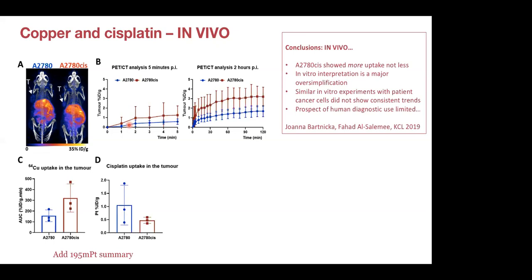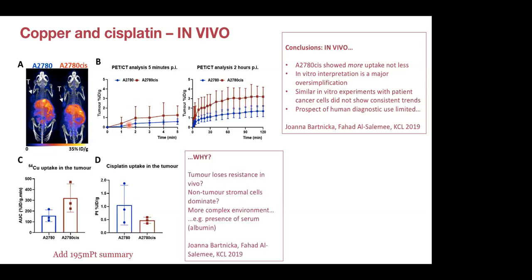Also, we conducted similar in vitro experiments with patient cancer cells from patients who had or had not become resistant. And again, we didn't see any consistent trends in the relationship between platinum and copper uptake in those cells. So it appears that this wasn't a great hypothesis. The prospects for human diagnostic use of this idea seem to be fairly limited. And it's really because the in vivo environment is a lot more complicated than in vitro.